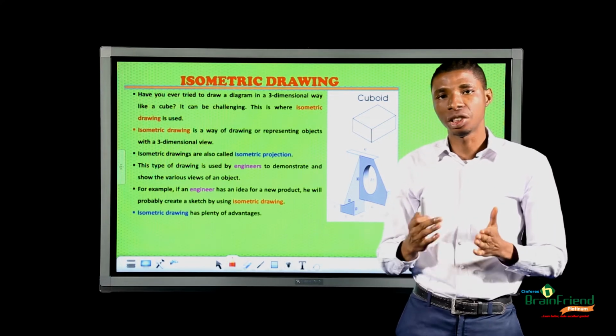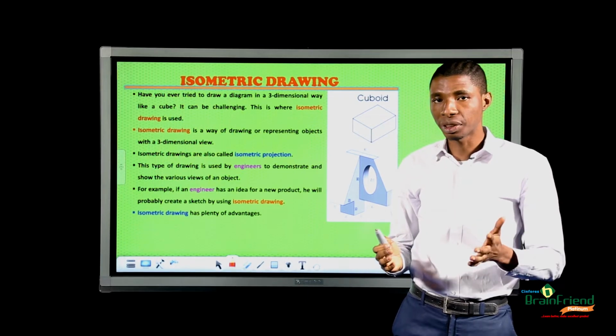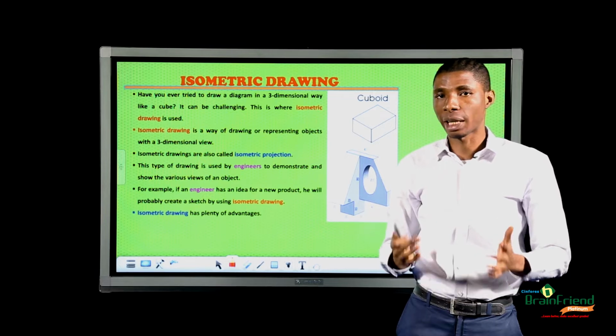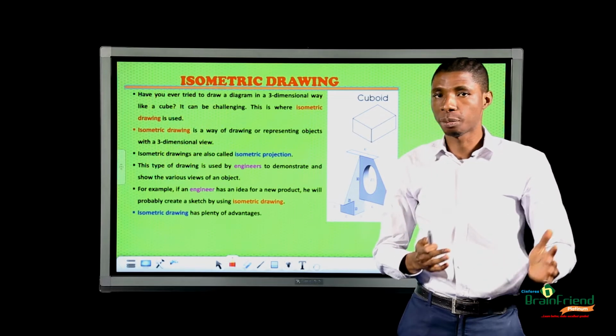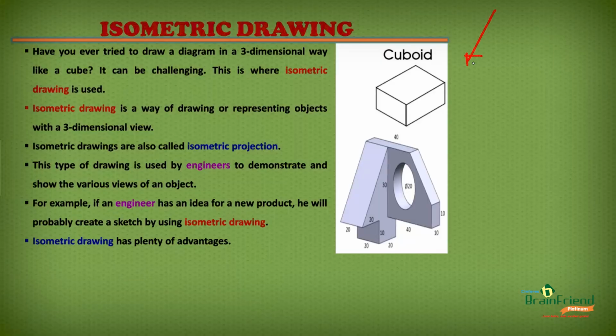It is used by engineers to describe how an object looks, showing the various shapes, sizes, and views. Isometric drawing helps to explain further how the object should be positioned while erecting or constructing them. From this image, these are typical examples of isometric drawing.